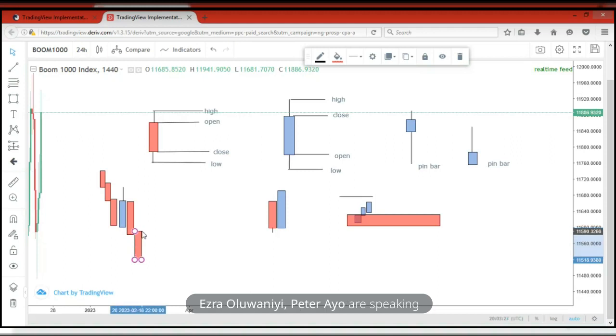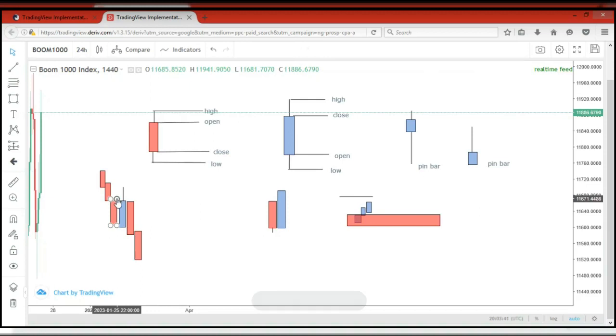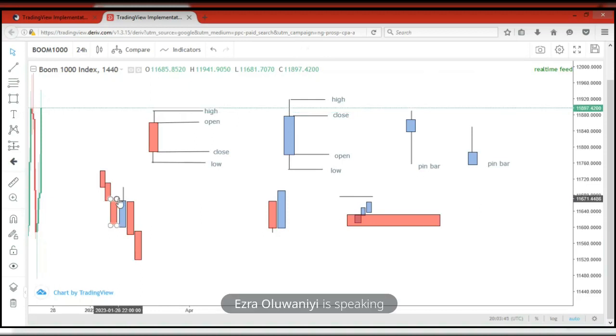All right. If that happens under any circumstance, if a candle comes up, even if it closes bearish, and it goes above the previous candle, it means that smart money are either playing a play, trying to grab liquidity, because this is on a higher time frame.